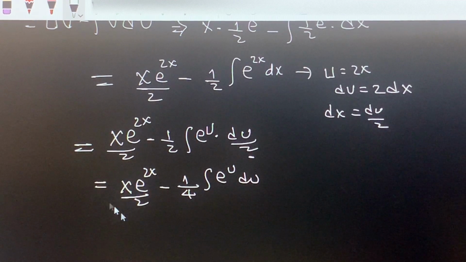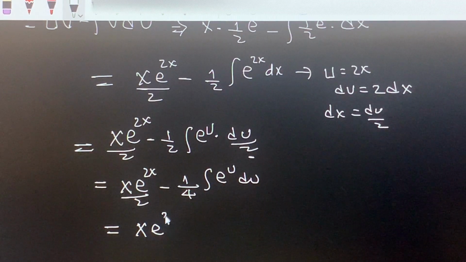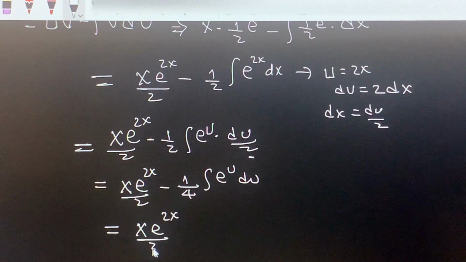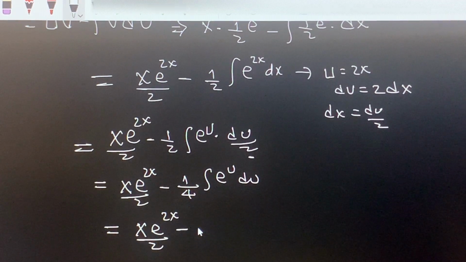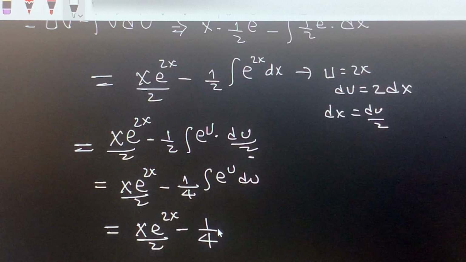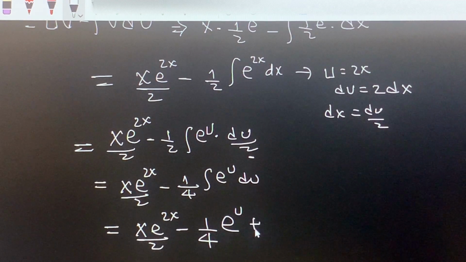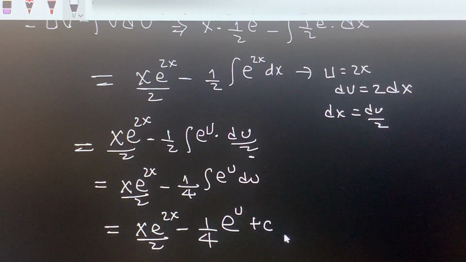So finally it's going to be x e to the power of 2x over 2 minus 1 over 4 times e to the power of u. What is the integral of e to the power of x? It is e to the power of x. So the same thing is true for this one: e to the power of u plus c.